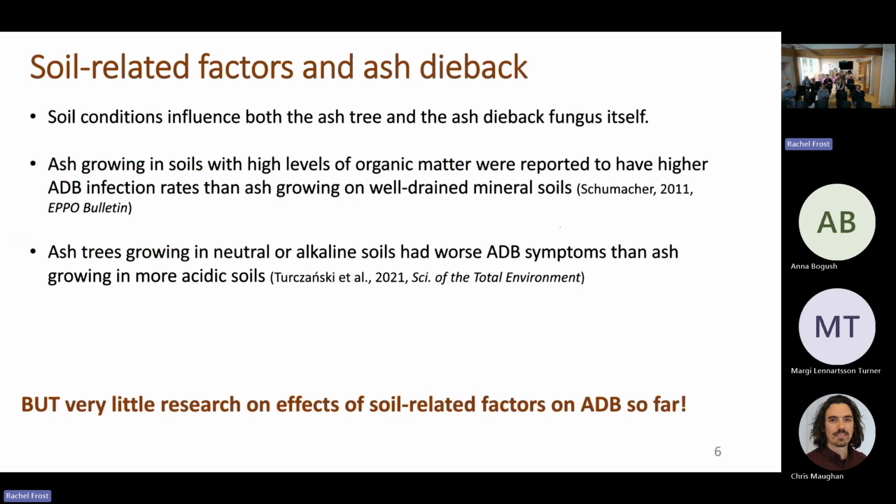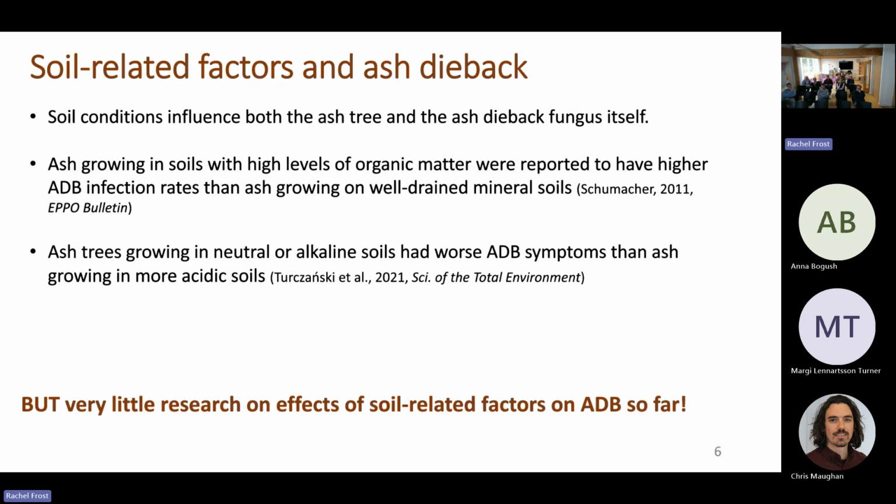And studies have reported that ash growing in soils with higher levels of organic matter have more severe ash dieback. And ash trees that grow on neutral and alkaline soils also have worse ash dieback symptoms. But overall, there's been very little research into the effects of soil on this tree disease.